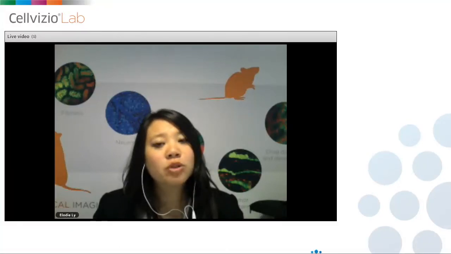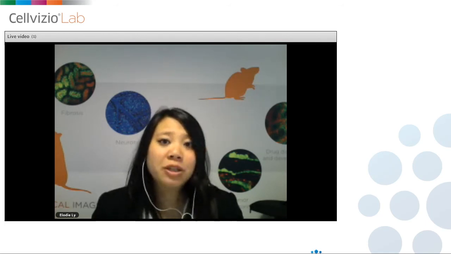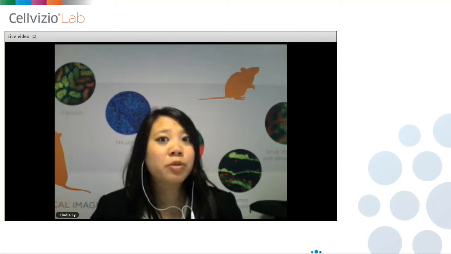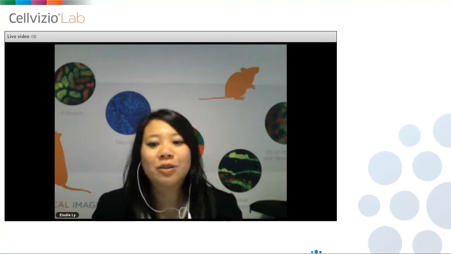So at the same time, you have the 488 and the 660 lasers. And in terms of images, you get real-time images in the software of both the green channel, the 488 line, the 660 line, and also the merge of the two lines. And there is no white light image in the instrument. We only collect the fluorescence signal.